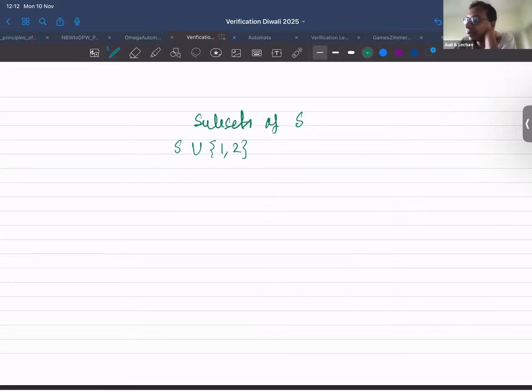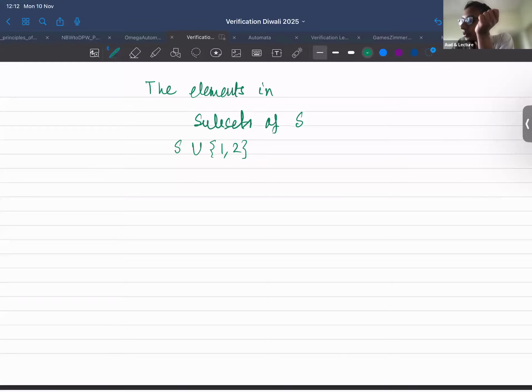The elements in the lattice will be these elements in the power set, these different subsets.